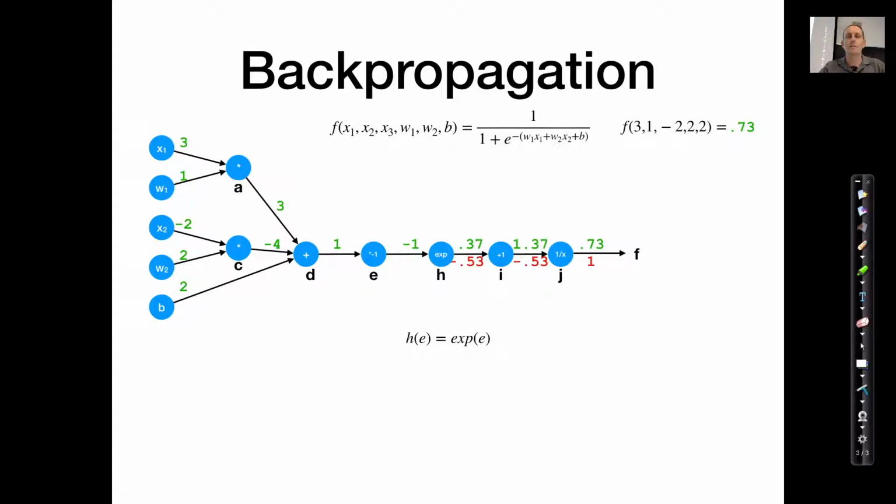H of e is, you can see why I didn't put e to the e here, because e would be overloaded. So x of e. So h prime of e is x of e.